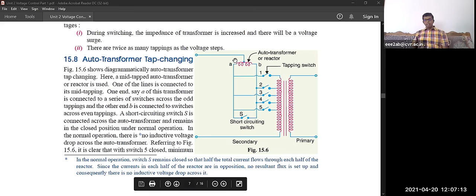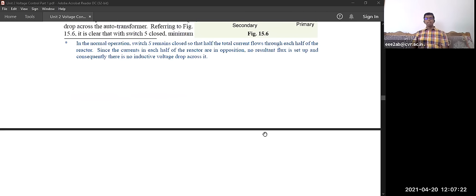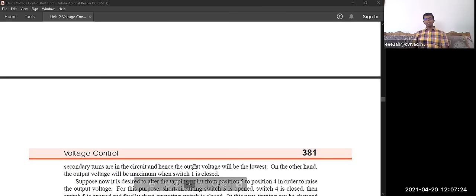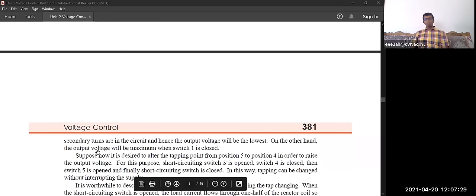So here, if switch 1 is closed, then maximum voltage is connected. If switch 5 is closed, then the minimum secondary turns are connected to the circuit. Output voltage will be maximum when switch 1 is closed.